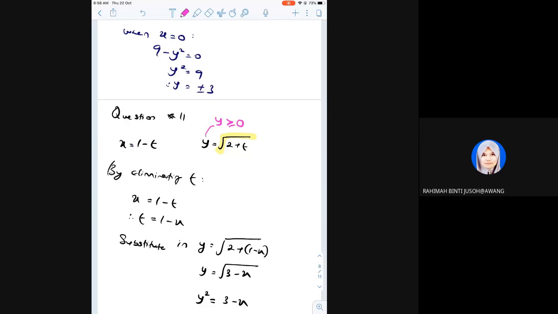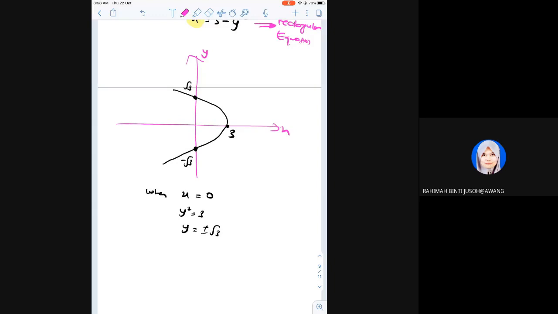Tapi dalam kes soalan ni, Y equals to square root 2 plus T. So, by hook or by crook, Y must be always positive. Okay, so bila Y ni positif, Y positif bermaksud apa? Kalau paksi Y positif, dia duduk atas ke duduk bawah paksi Y ni? Y positif bermaksud dia dekat kawasan atas ni saja kan? Okay, so what you should do here now is, bagi membolehkan jawapan ni betul, yang bahagian bawah ni tak wujud sebenarnya. Ni you kena padam.